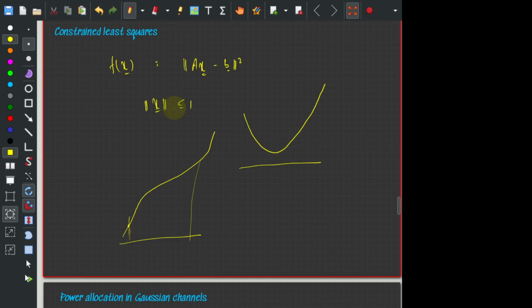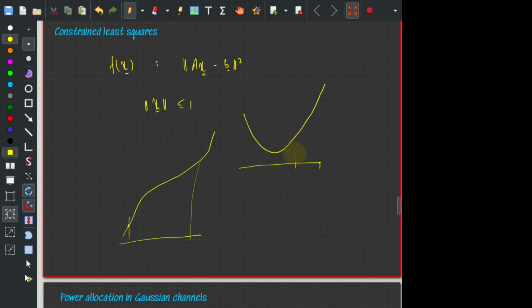Earlier it was the entire real line if it was in one dimension. But now I'm saying that X has to lie within a certain set, whatever that set may be. It may look weird, but suppose that X lies in an interval. It could be this particular interval. It could be a union of intervals for all I know, correct?